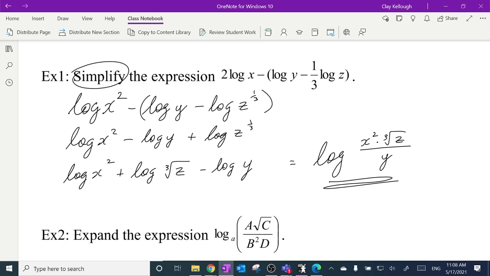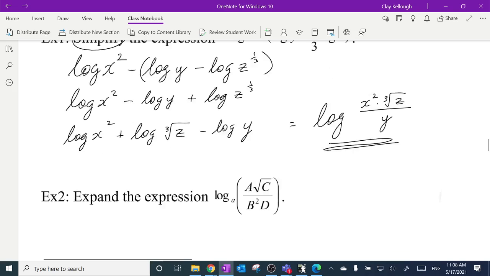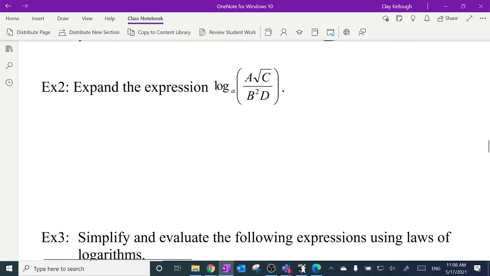Let's fully expand this simplified log. Multiplies can become adds, and exponents become coefficients.